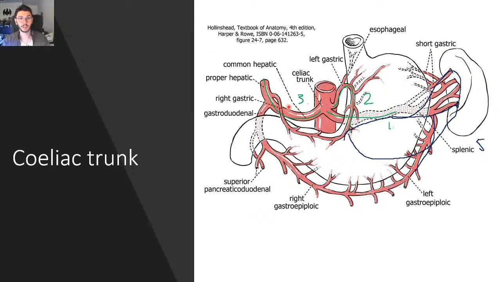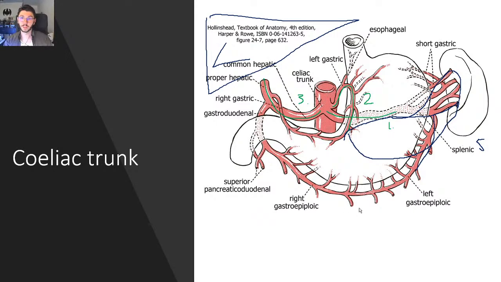It has the proper hepatic, which is the one that goes towards the liver. So this here, if you can imagine, is the liver. That one is called the proper hepatic. And we have the gastroduodenal artery. Now all of these have multiple branches coming from them.